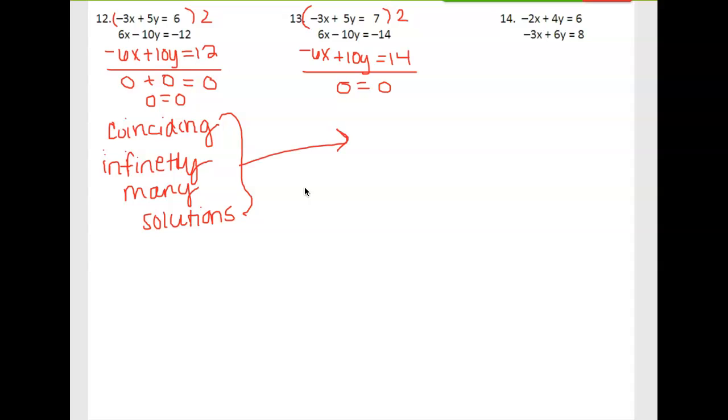And last but not least, we got to go back to eliminating both, multiplying top and bottom. So let's multiply the top by 3. Let's multiply the bottom by negative 2, so I can get a positive 6x.